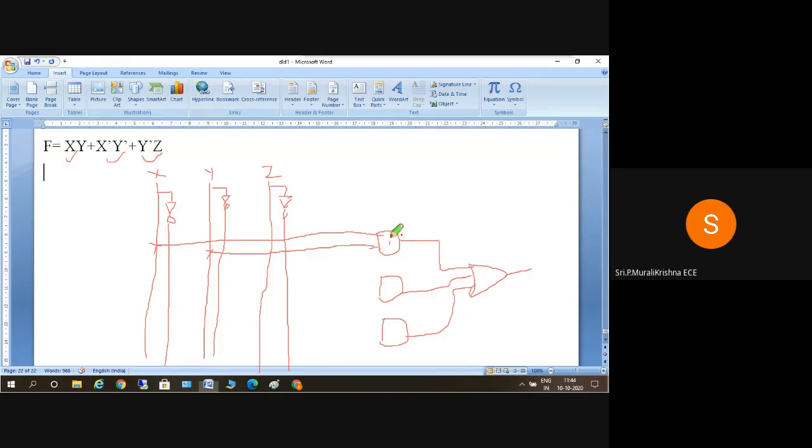This is the first product term, and the second product term is given to another AND gate. What is the value here? It is x bar y bar. We have to take x bar from the inversion here. This is x bar, and this is y bar. So this is the standard method.